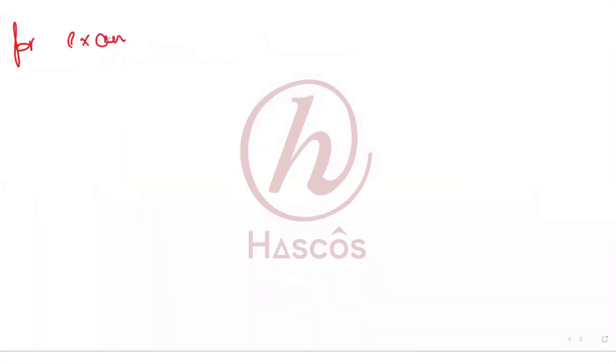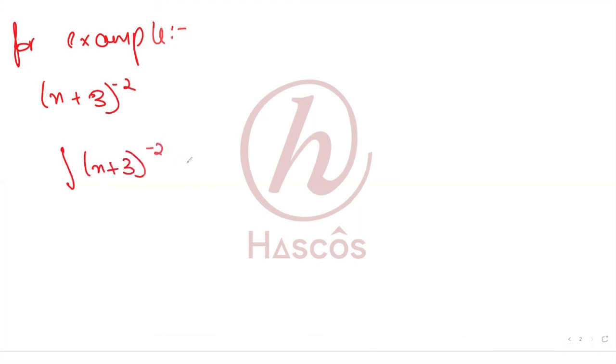So, let's do an example for a bracket integration. For example, we have x plus 3 to the power of minus 2. When we start integrating it, x plus 3 to the power of minus 2 dx, this becomes x plus 3 to the power of minus 2 plus 1. Now, since the coefficient of x was 1, you write 1 over here and you multiply 1 with the power added with a 1.